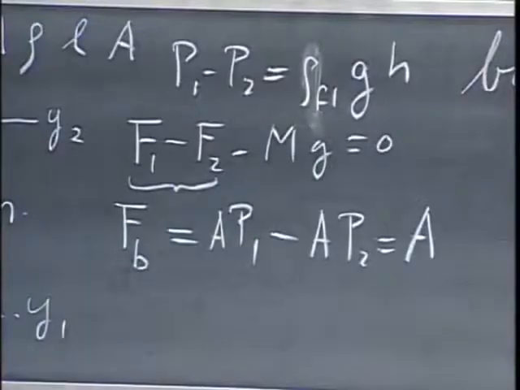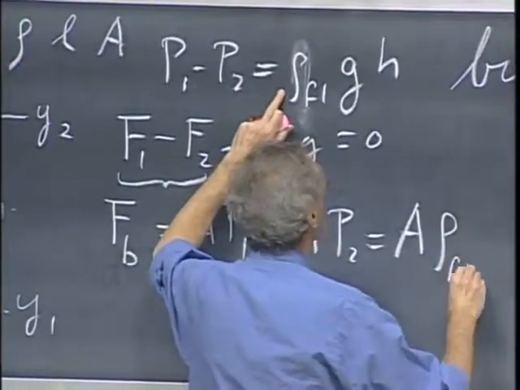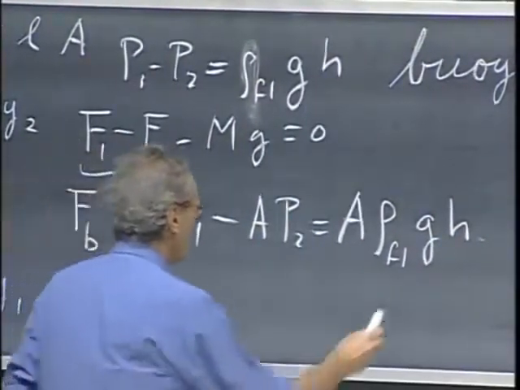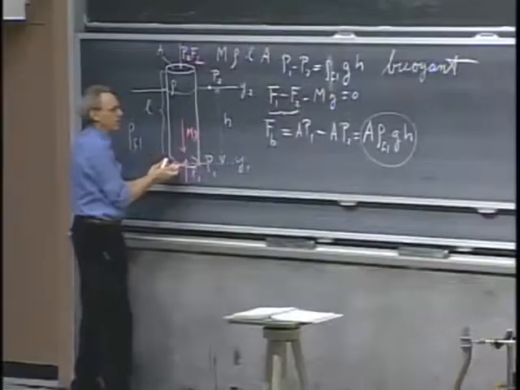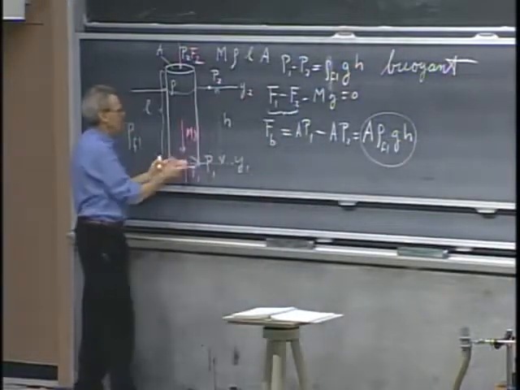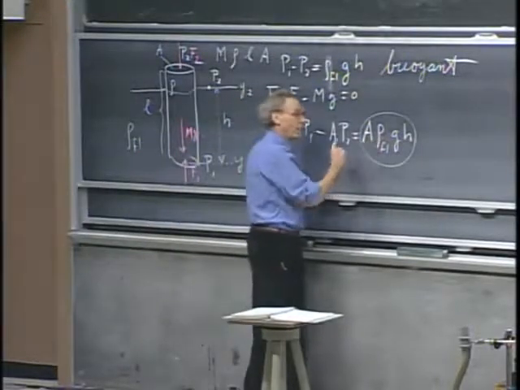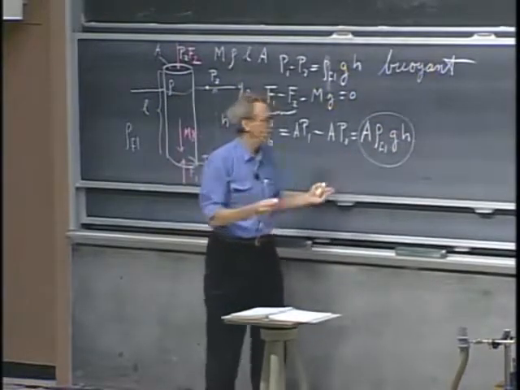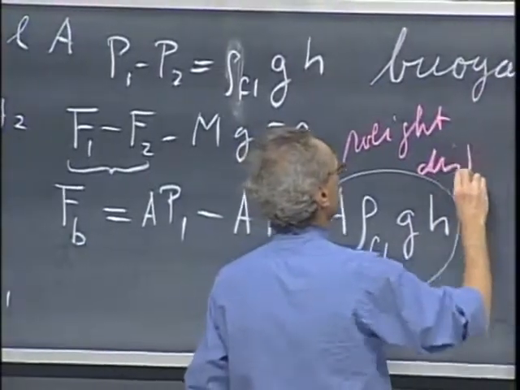So it is the area times P1 minus P2, and that is rho fluid times g times H. And when you look at this, this is exactly the weight of the displaced fluid. The area times H is the volume of the fluid which is displaced by this cylinder, and you multiply it by its density, that gives it mass, multiplied by g, that gives it weight. So this is the weight of the displaced fluid.